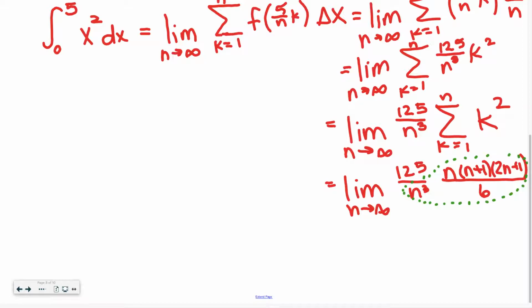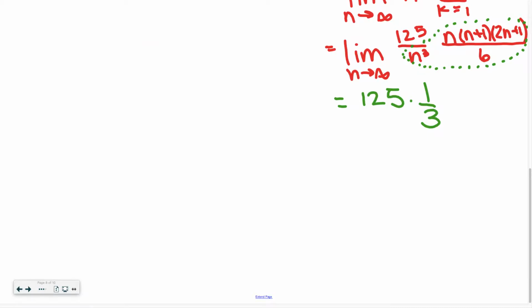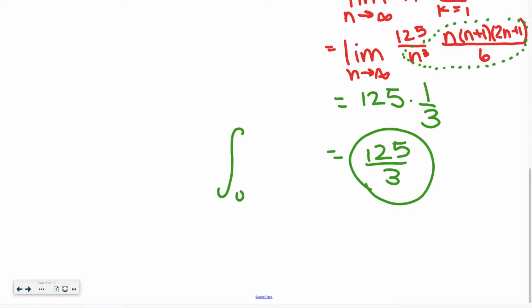Towards infinity, if I have 2n cubed, blah, blah, blah, over 6n cubed, what's our limit? 1/3. So we have 125 times 1/3. We have exact area.